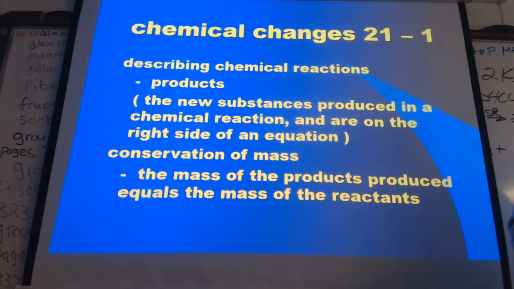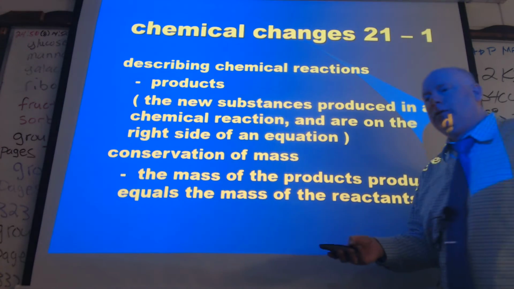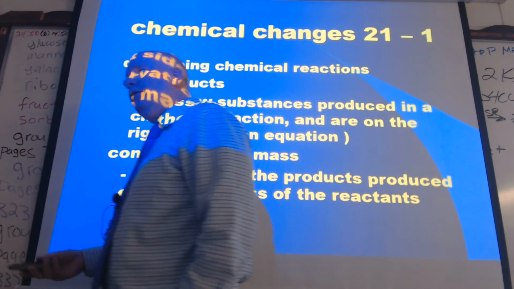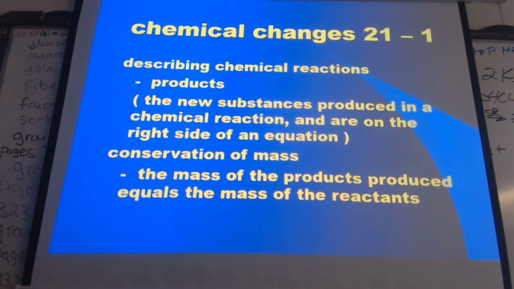So where does that tell you that is in the chemical equation? No, not in the middle. Okay. So where are the reactants in a reaction? Left side. On the left side.